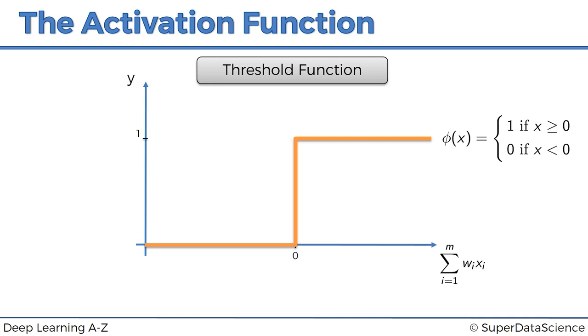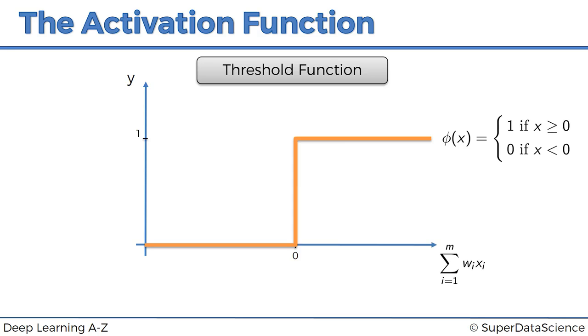If the value is more than 0 or equal to 0, then the threshold function passes on a 1. So it's basically a yes-no type of function, very straightforward, very rigid: either yes or no, no other options. So there you go, that's how it works, very simple function.